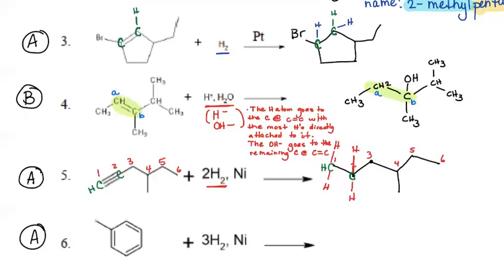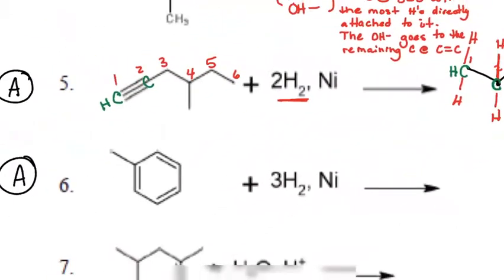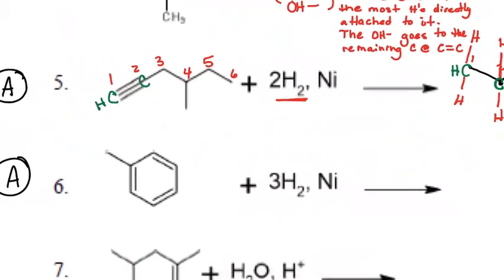Going back to problem 6. Great, you guys identified in the chat correctly. This is a benzene ring, right? Specifically, this is toluene.